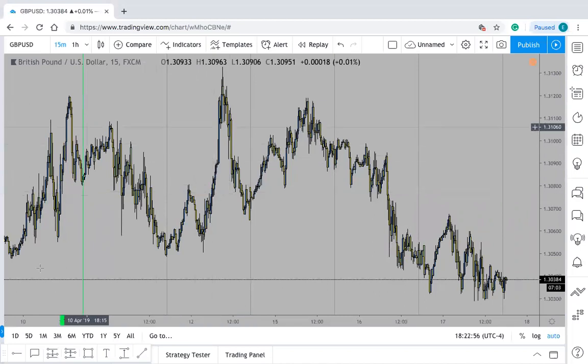The best way to accomplish that with market maker is by using 3 different boxes and making sure those boxes are accurate. For the Asian range, we're going to use this color right here, and we're going to go from the Asian time.